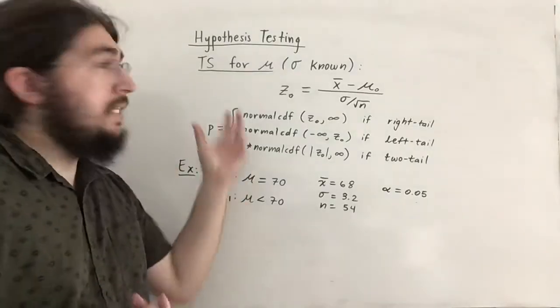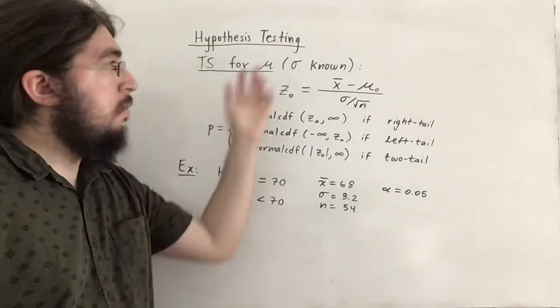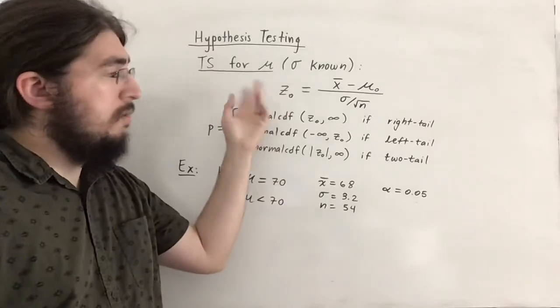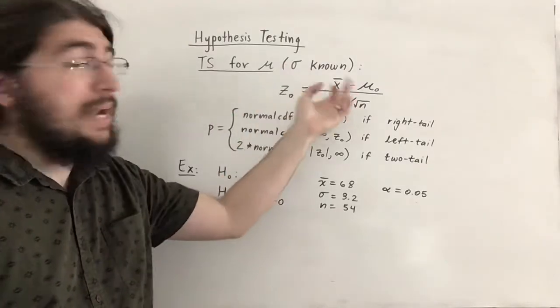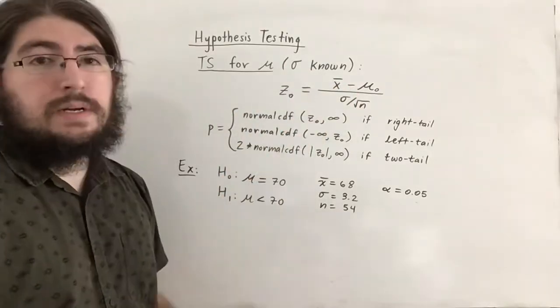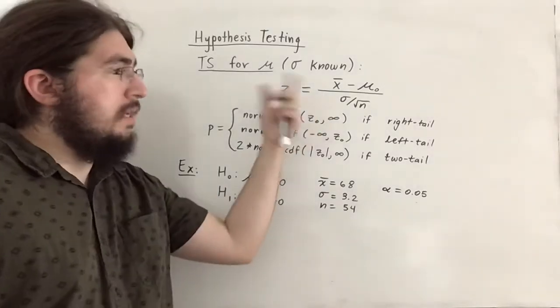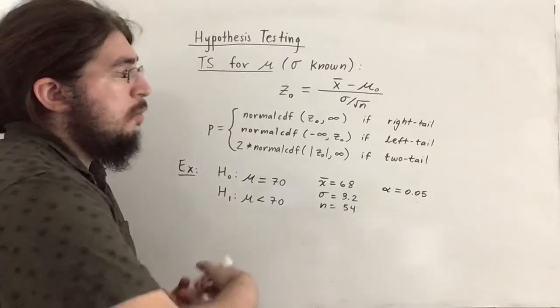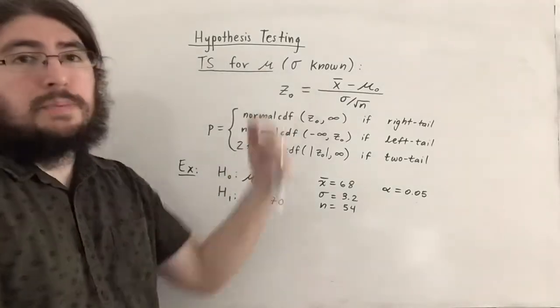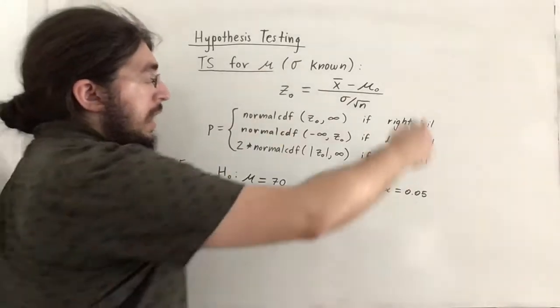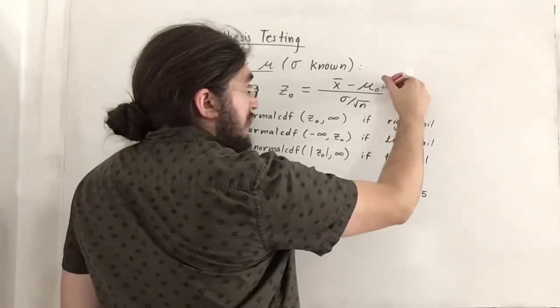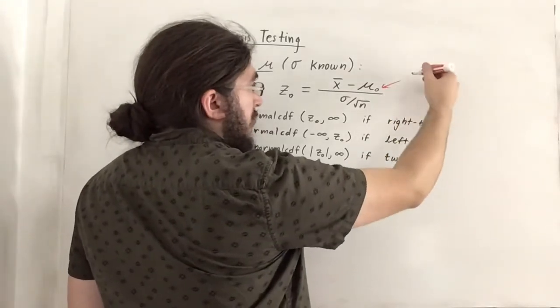Right, so the test statistic for mu, when sigma is known, is z naught, or z sub 0, equals x bar minus mu naught over sigma divided by radical n. We know what these values are. Sigma is the population standard deviation, n is the sample size, x bar is the sample mean, and mu naught is the given value from H naught.